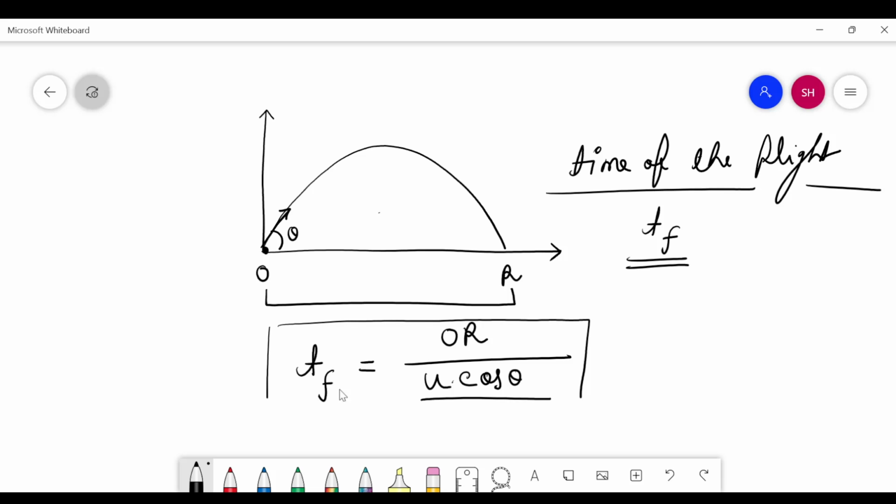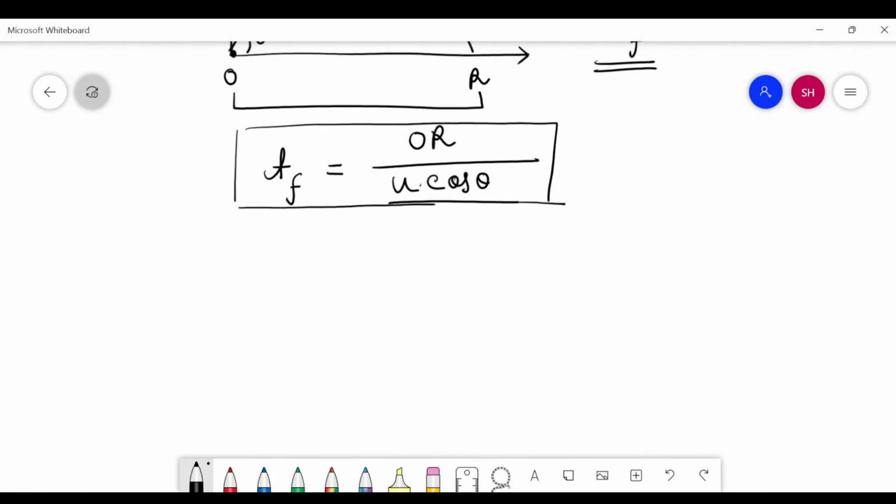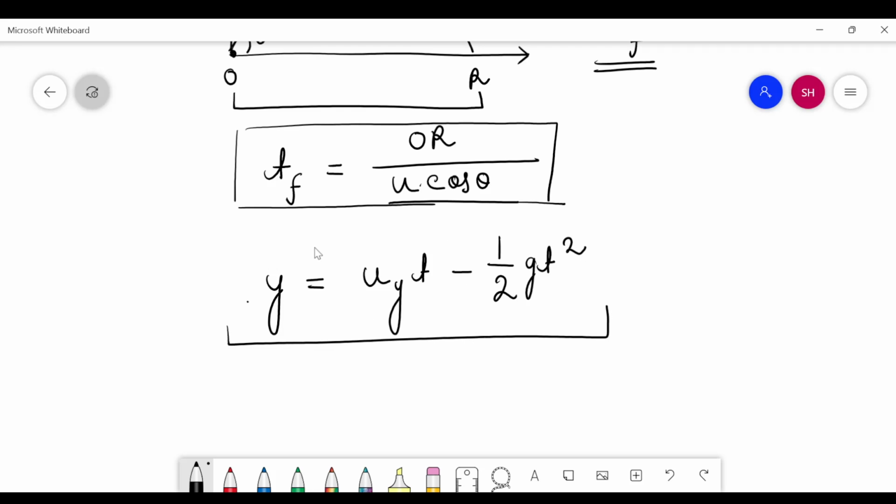So this equation can be used, but if we don't know the range, we have to use this equation: y is equal to u_y t minus half g t square. See here, we only have to know the u and theta, and because g is known to us, we will get the time of the flight, the t component.